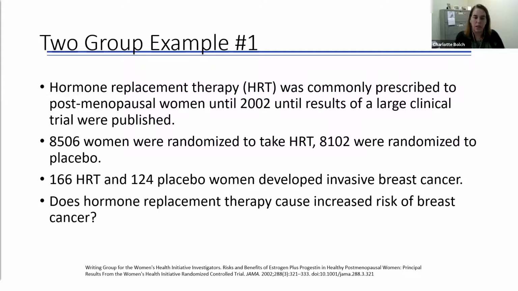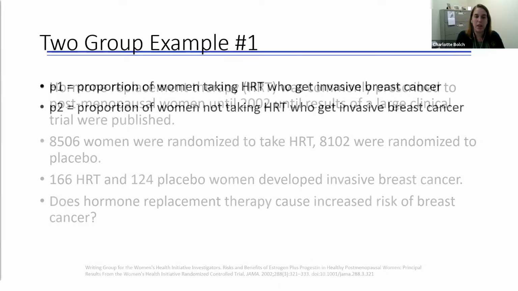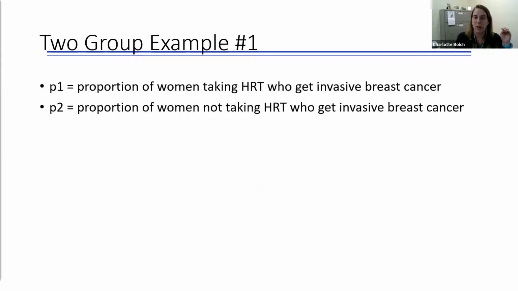The question that could be asked from this is, does hormone replacement therapy cause increased risk of breast cancer? What we're looking at is the proportion of women taking HRT who got invasive breast cancer, and the proportion of women not taking HRT, on the placebo, who also got invasive breast cancer.